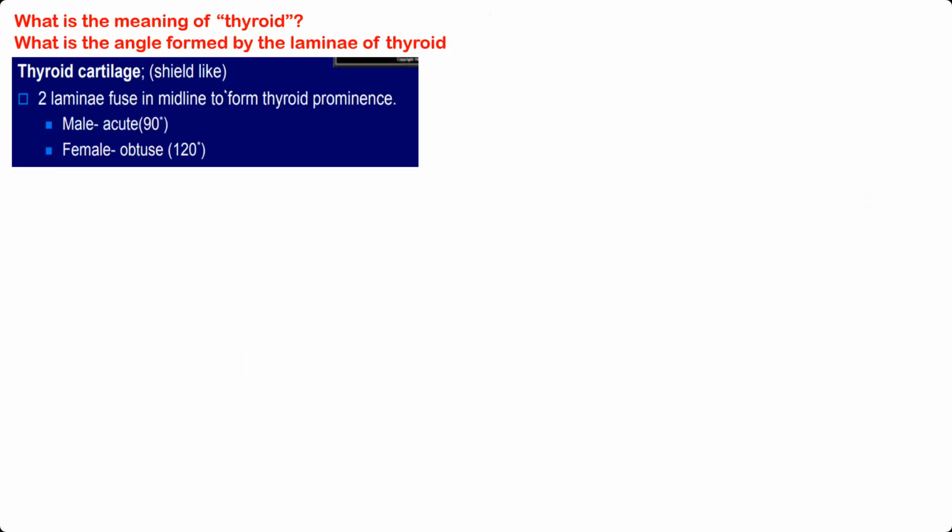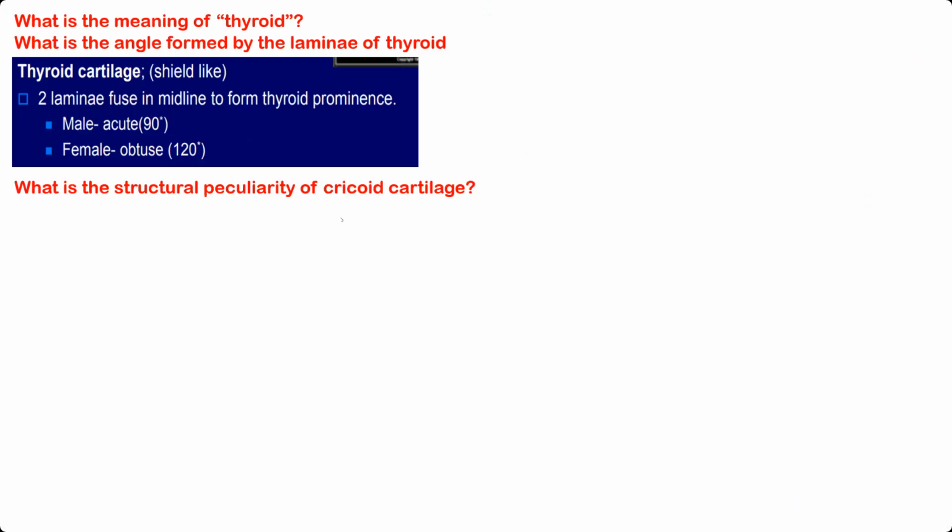So it shields the entire respiratory passage. That is the reason for the appearance, and we call it thyroid. It has two laminae and the angle formed is 90 degrees, a very acute angle, or rather a right angle. That gives the Adam's apple appearance in males. Whereas in females, it is a broader obtuse angle of 120 degrees, and that is the reason why it is not very prominent in females.